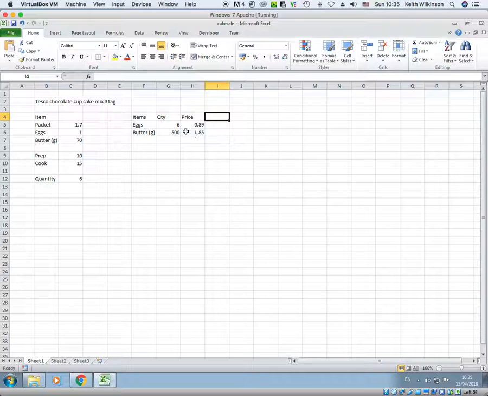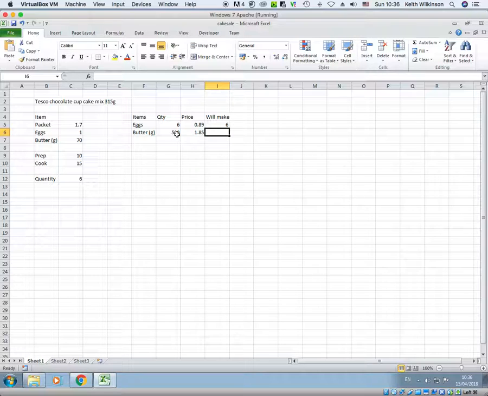So if I've got a box of 6 eggs, what I need is just 1 egg per packet to make the cakes. So really, if I've got a box of eggs, 6 eggs, I could theoretically make 6 packets. Yeah, I could use 6 packets to use up the box of eggs.